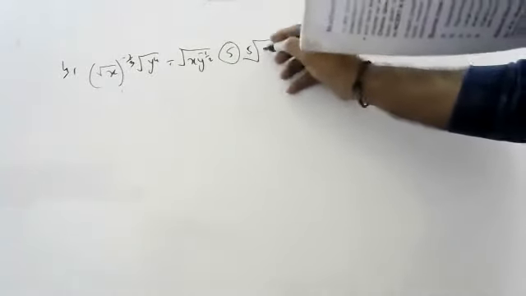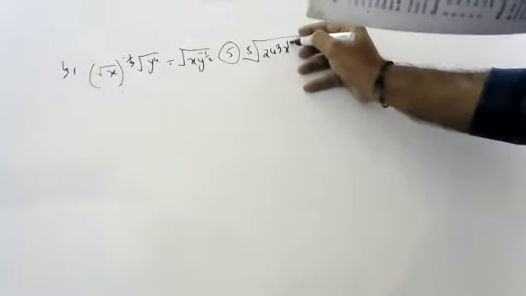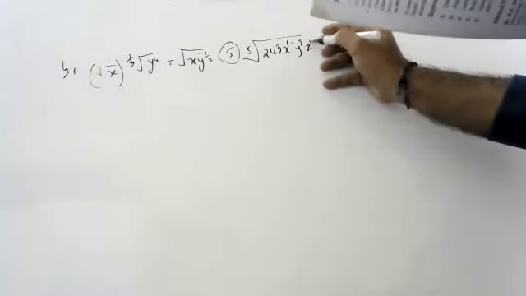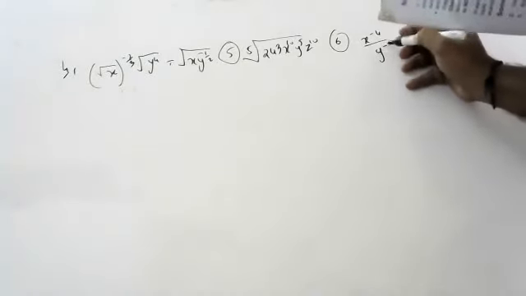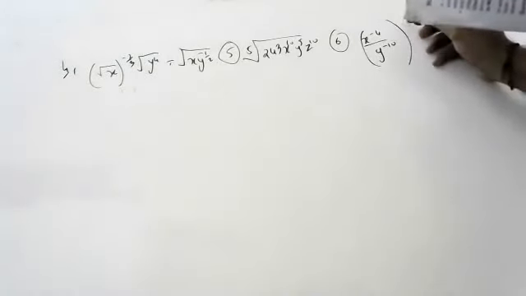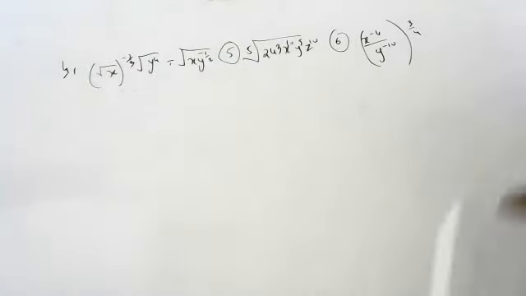Fifth root of 243 x to the power of 10, y to the power of 5, z to the power of 10, and sixth sum x to the power of minus 4 by the power of minus 10, whole to the power of 3 by 4. Can you say the three sums?